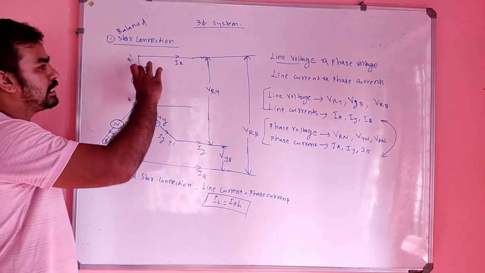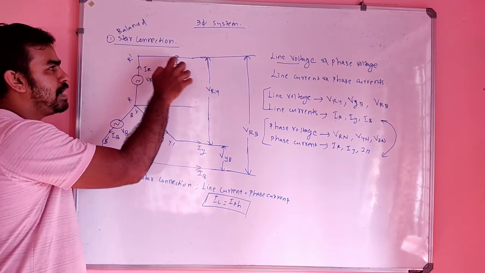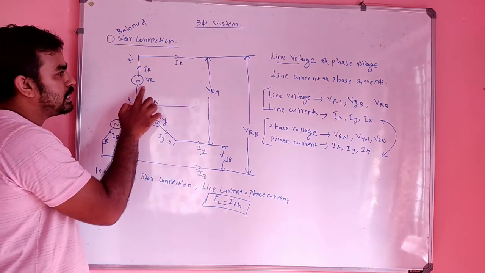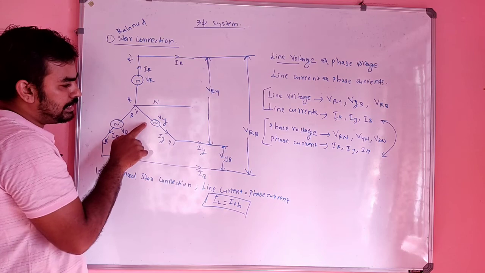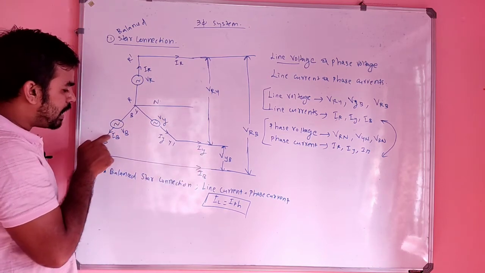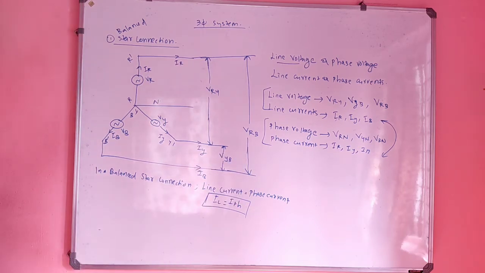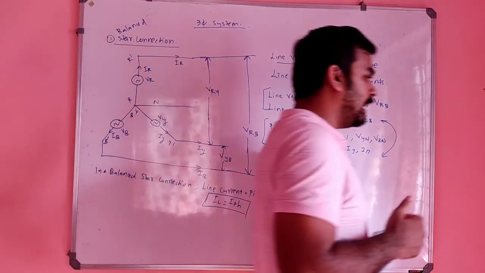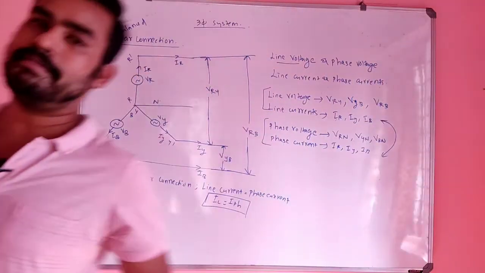That is nothing but the current which emerges from this R phase comes out the same as the line current. It emerges here and comes out as the same line current. So in a balanced three-phase star connection, the line current and the phase currents are same.